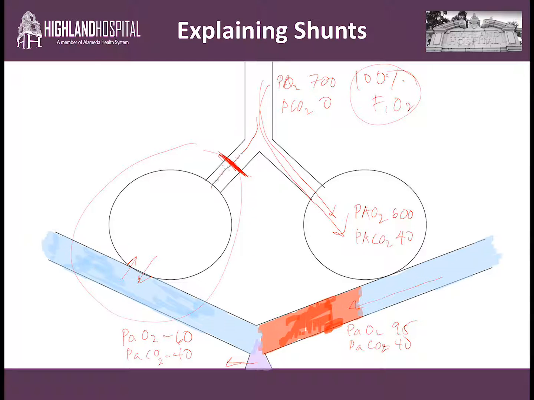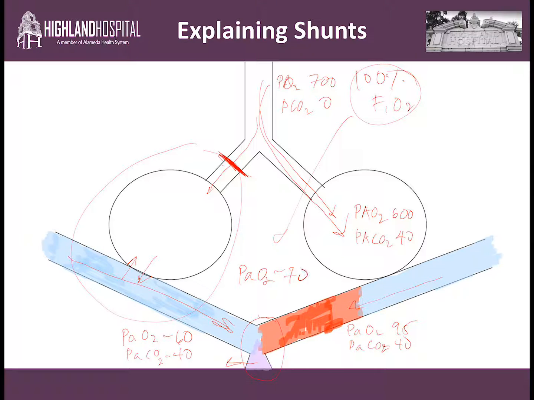But on this side, because you have a shunt, you basically can't ventilate this part of the alveolar capillary unit. So again, you're going to have a low PaO2 coming from this admixture. This admixture will give you just a little bit better because you're at 100% FiO2, but you're still hypoxemic.